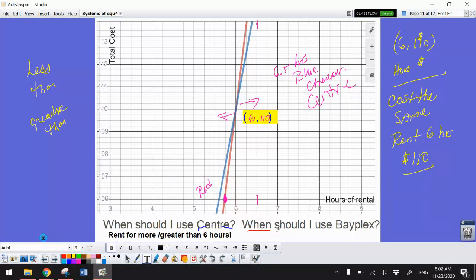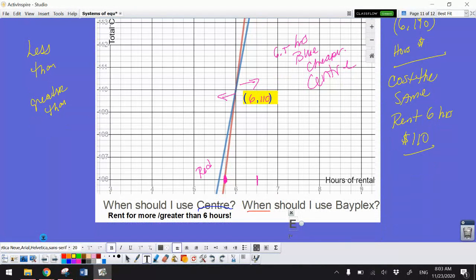So that would mean if I want to rent for less than 6 hours. Okay, if I want to rent for more than 6 hours or less than 6 hours.